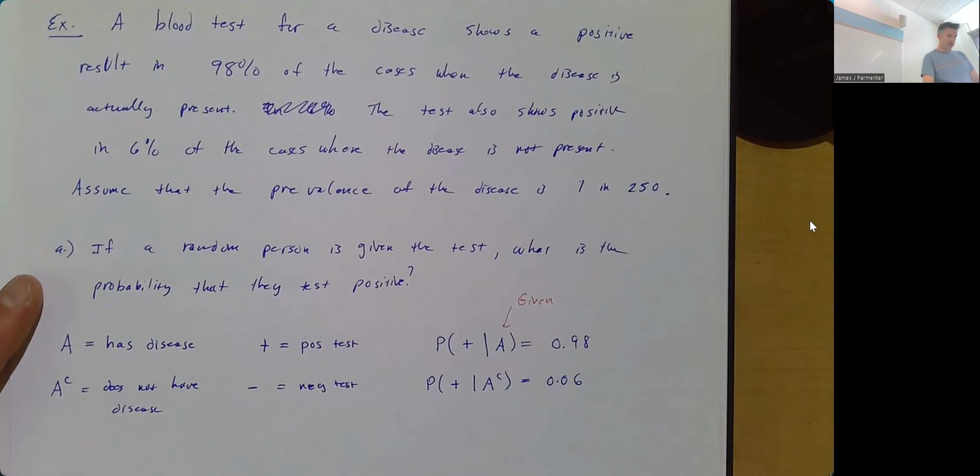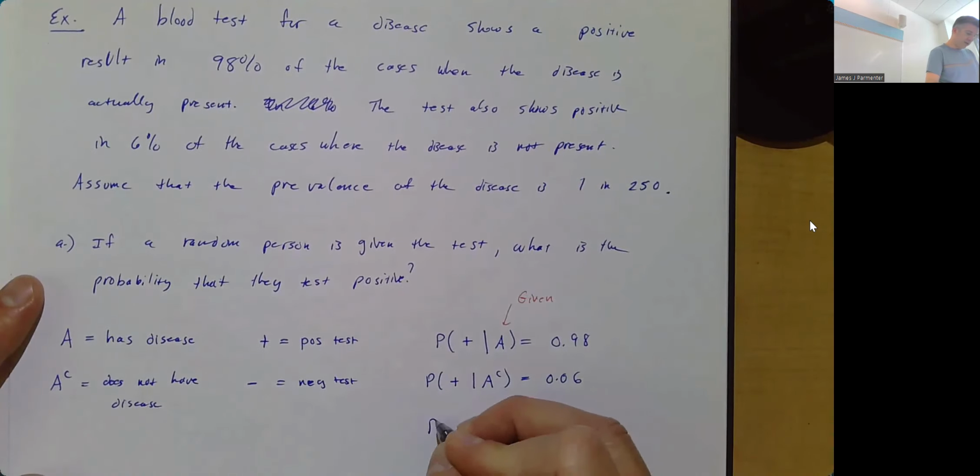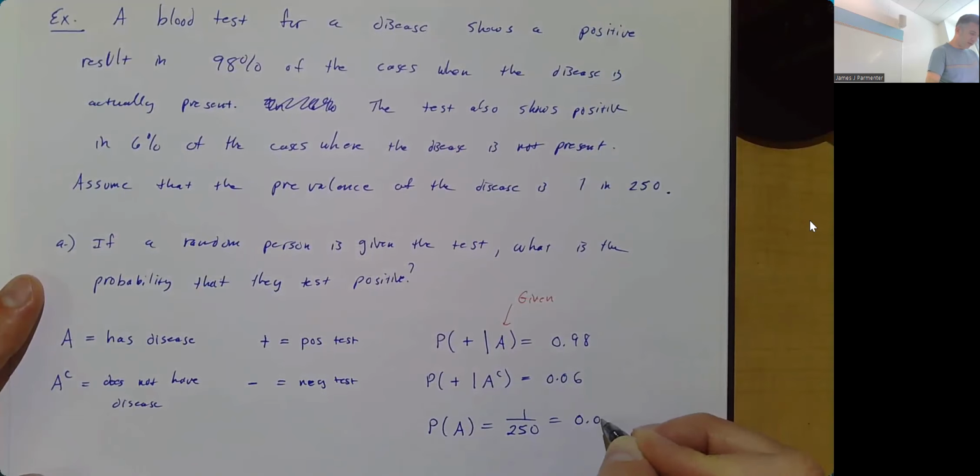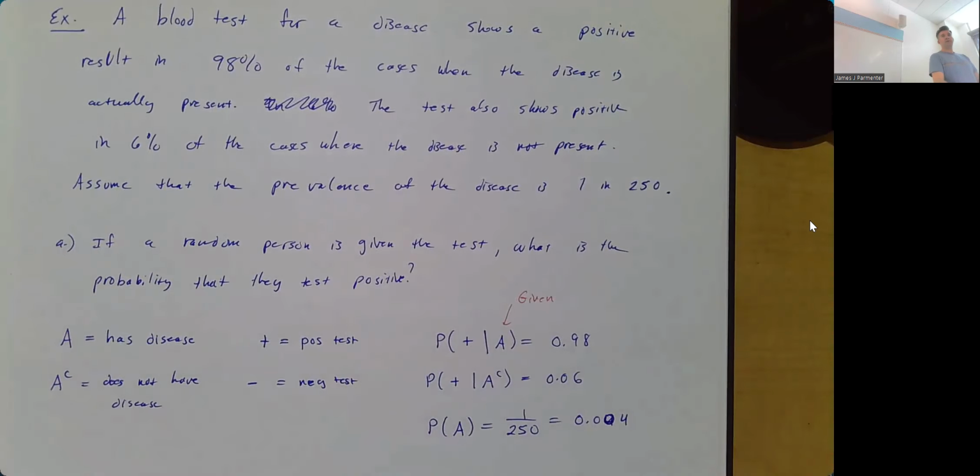And finally, the probability of having the disease is 1 out of 250, or 0.004. Sorry, 0.4% is 0.004. The way I'm thinking about it really is, I know that 1 out of 25 is 4%. So 1 out of 250 is 1/10 of that.